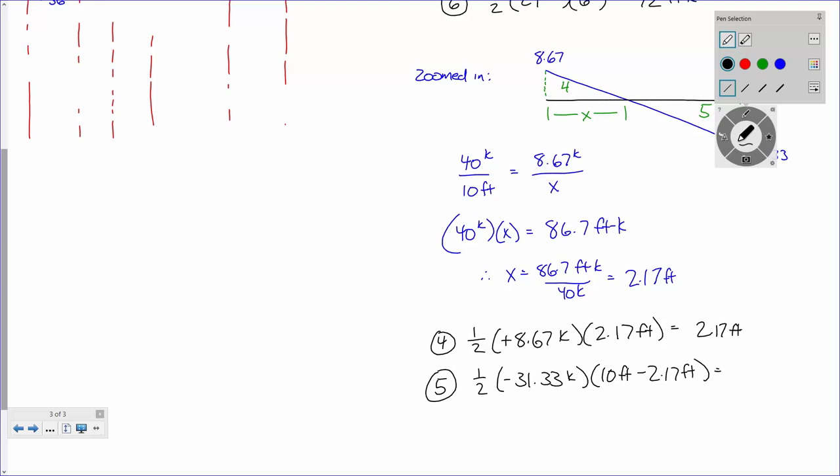Sorry, you do it up here. I was looking at the X height. Now I'm doing it. All right, top one. 9.41. And the bottom?